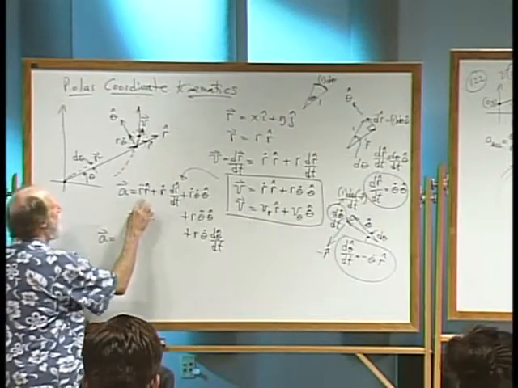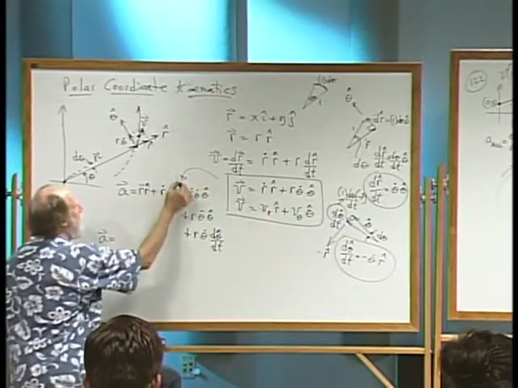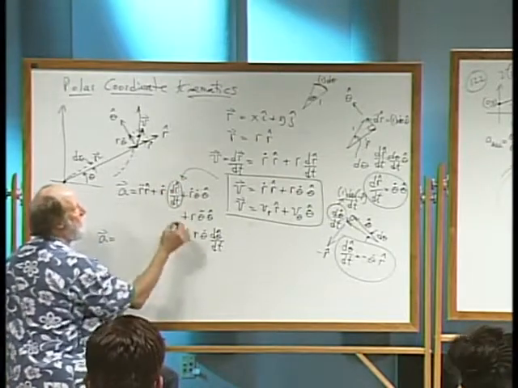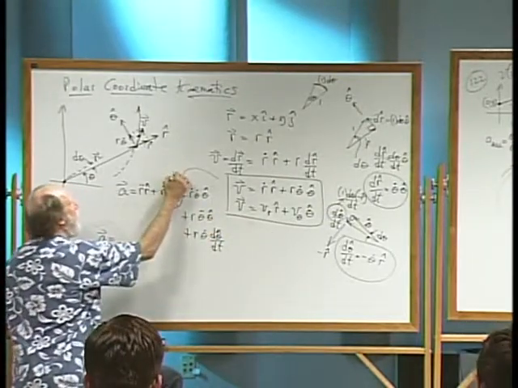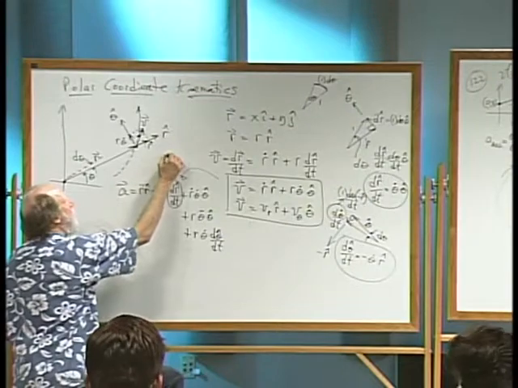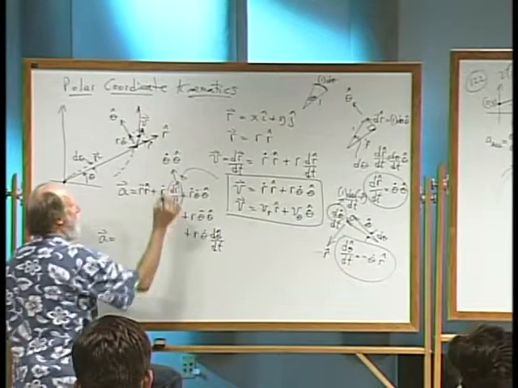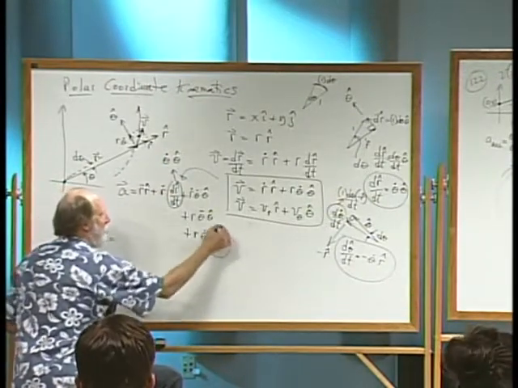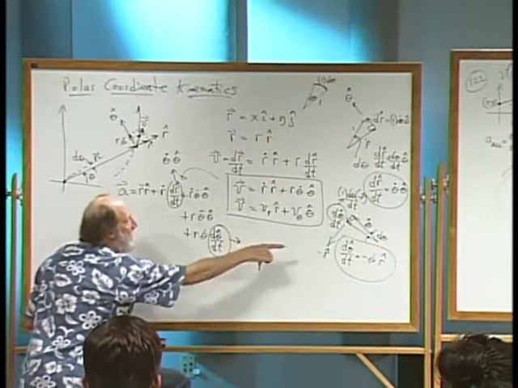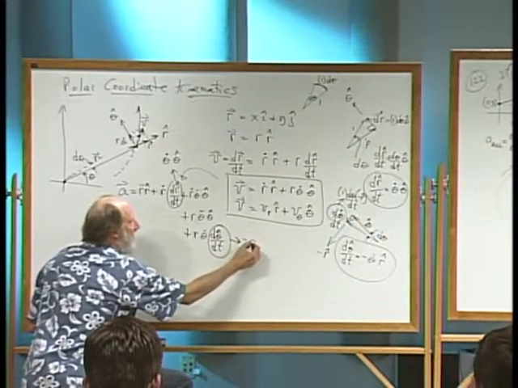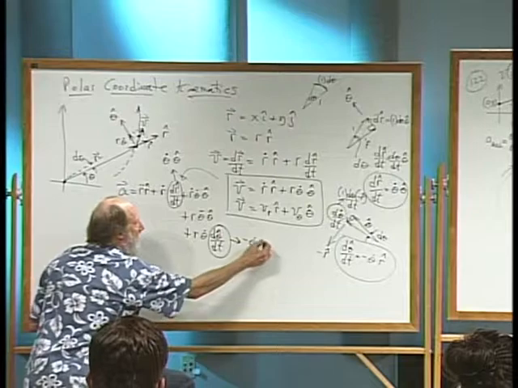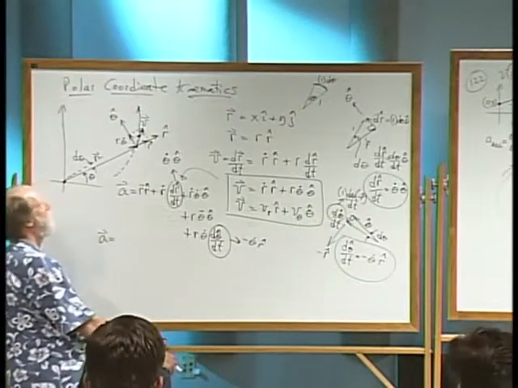Okay, so let's see what we have. This thing turns into theta dot theta hat, and this thing turns into minus theta dot r hat, right?